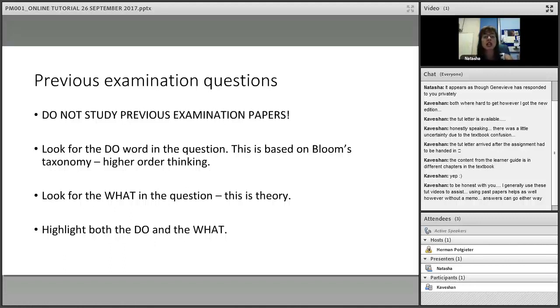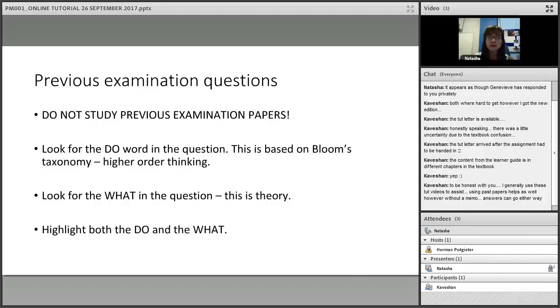And this is where I'd like you to fully understand that when we look at Bloom's taxonomy, we look at the do words. Okay, take a highlighter when you work through question papers, when you do your actual question paper, and highlight the do word. That will clearly indicate to you what is expected from you. Second part is that you look at the what in the question. And this is based on the theory that you need to have a full grasp of.